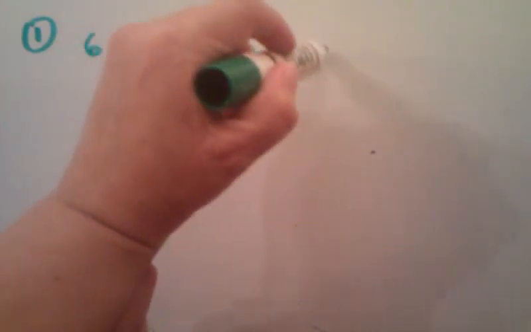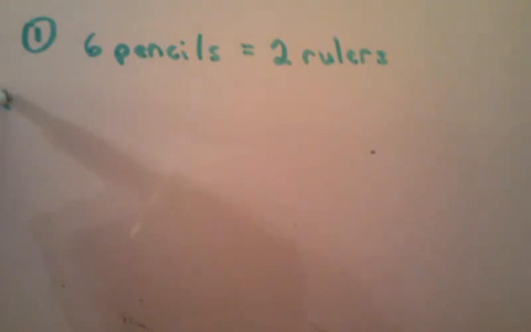Okay, now let's look at some of these problems. Let's look at number 1. Number 1 says 6 pencils are equal in value to 2 rulers. Okay. So let me write this down. 6 pencils, and it's talking about the price, equals 2 rulers. Remember, we're talking about price, okay?